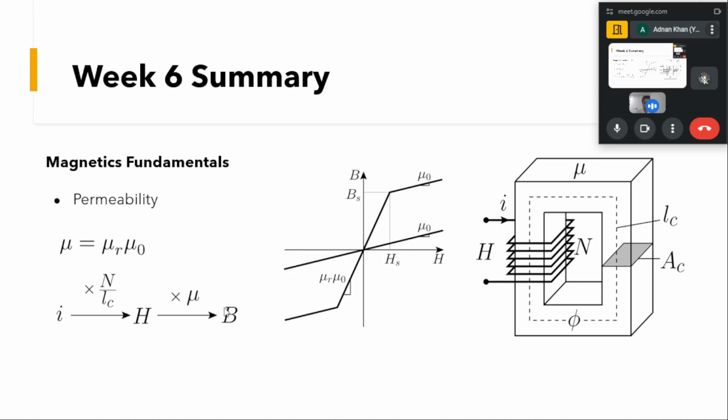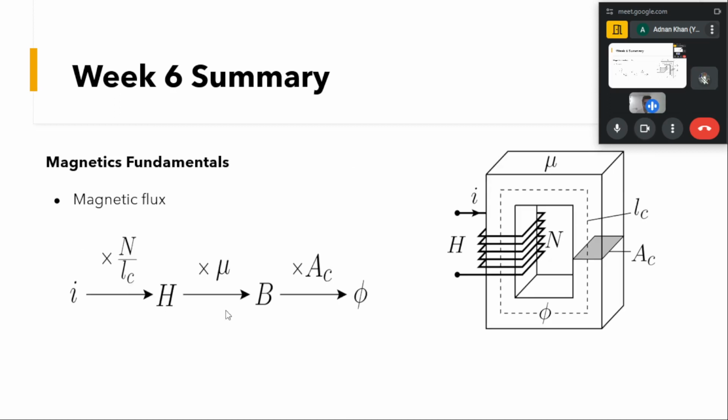Once we have the magnetic flux density, we can calculate the flux. We know phi is equal to B into A. If we know A, the cross-section area of the core, and multiply that with the magnetic flux density, we get the flux.